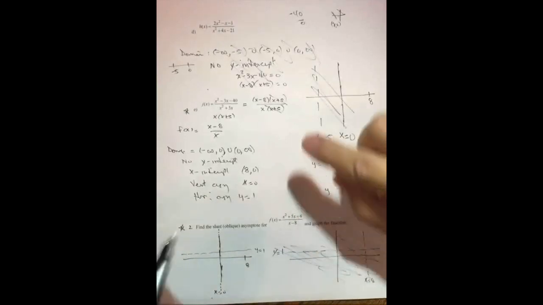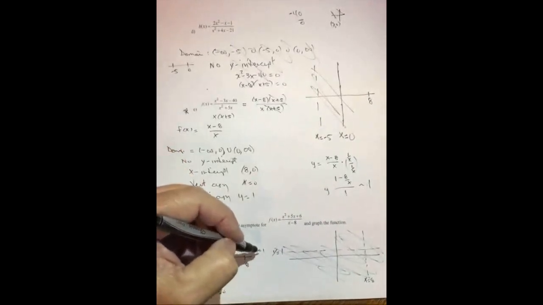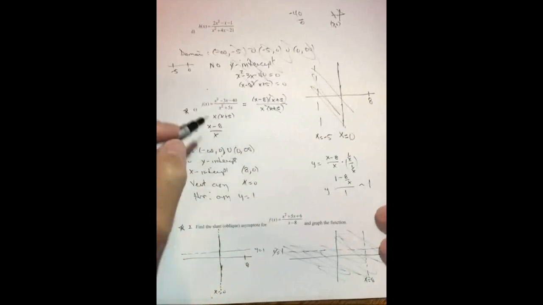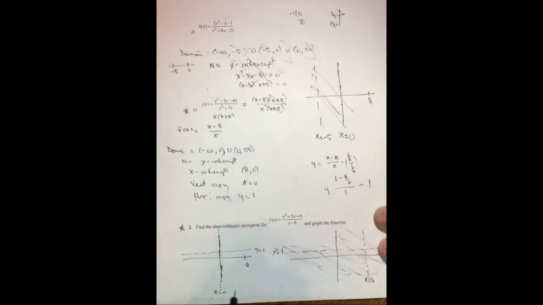So what's going to happen here? Well, if we go back and look at this, let's pick a number way out to the right, like 100. 100 minus 8 is 92. So this would be 92 over 100, and that's going to be less than 1. So it's going to approach this thing like this.